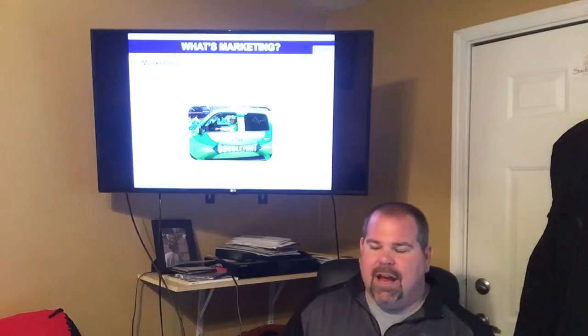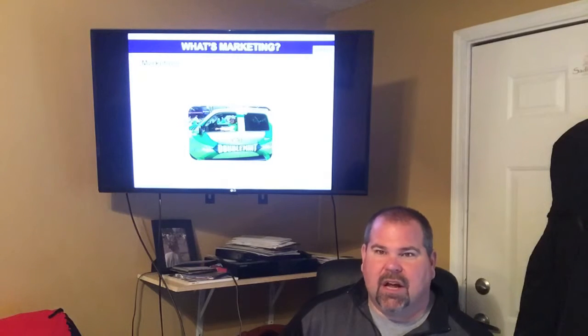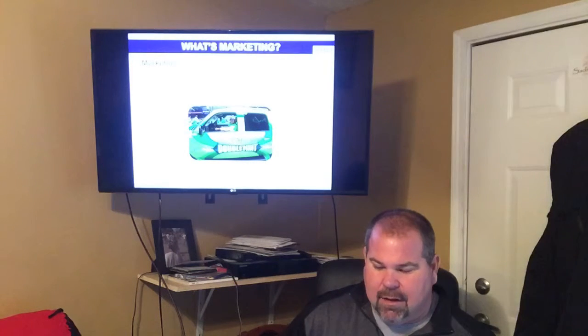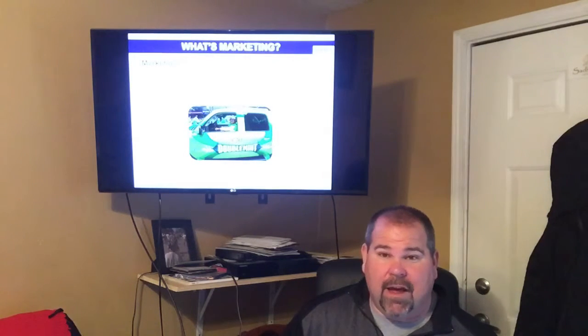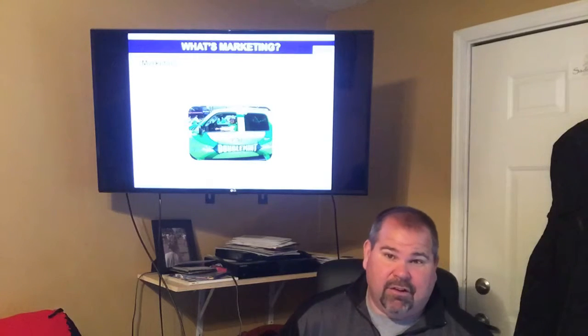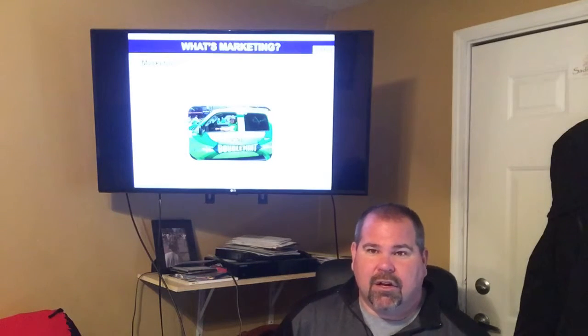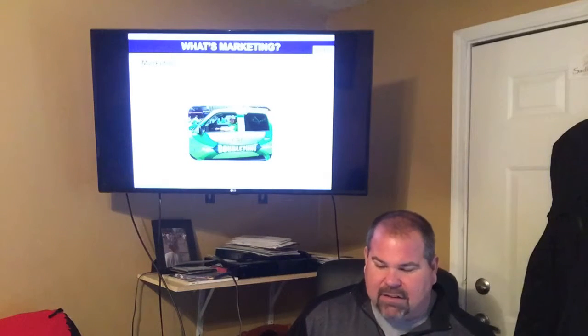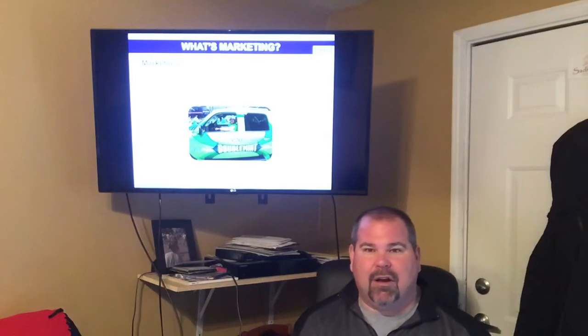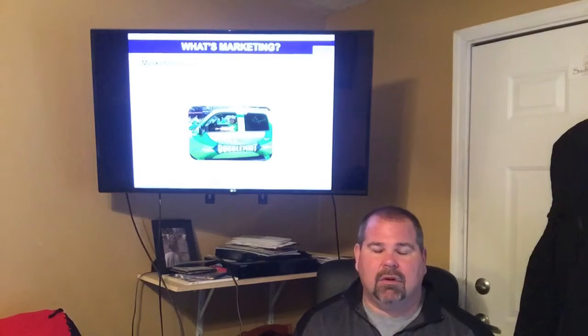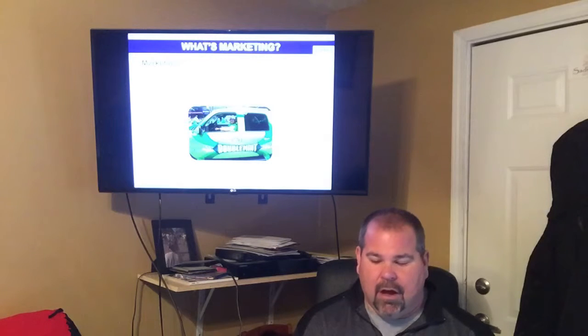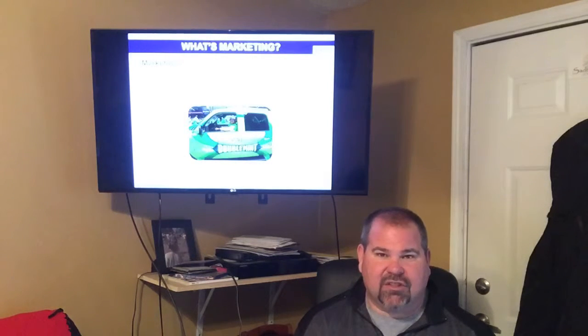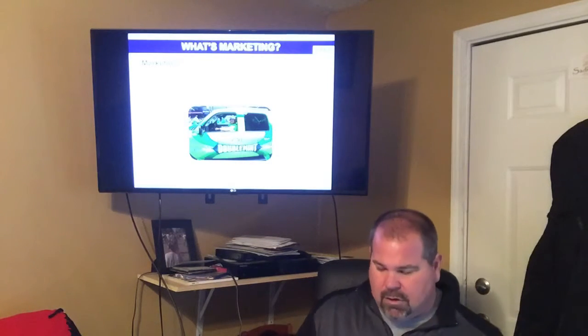So the idea of presenting something to a customer that is of value to them, and exchanging, obviously in most cases, currency for that product. So that's at the basic level. What marketing is all about is helping people understand what's available, what the benefits of the product you have are, and what kind of cost is related to it.